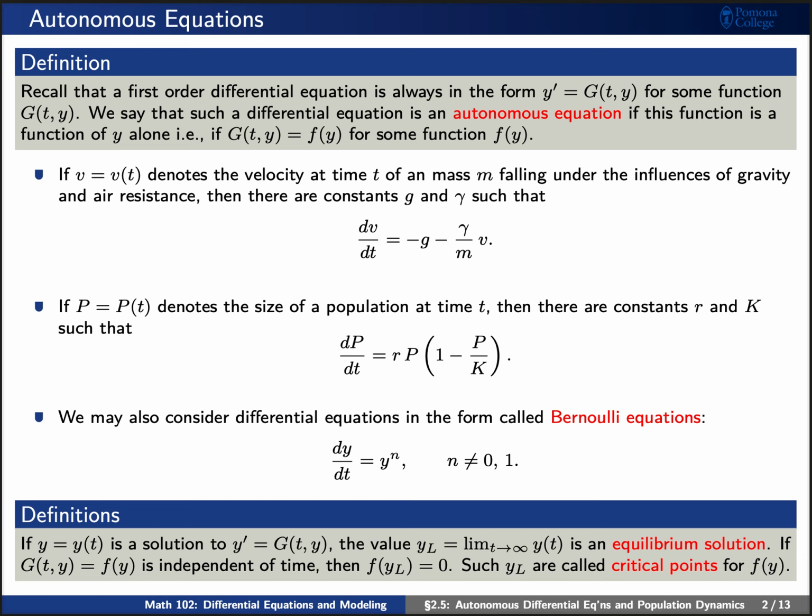You'll notice that if we have an autonomous equation, then g of t, y equals f of y, which of course is independent of time, and therefore f of y sub l has to be 0. Remember that y sub l should be a constant. This means that y sub l is the root of the equation f of y equals 0, so we'll call y sub l a critical point for the function f of y. We're going to focus on this in some detail today.